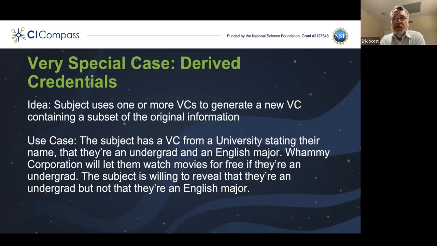And in this case, what happens is the subject has a credential or two or some number of credentials, and they want to generate a new credential based on those. And they don't want to have to go back to the original issuer. Maybe they can't go back to the original issuer. So we need a process where I could edit a credential.